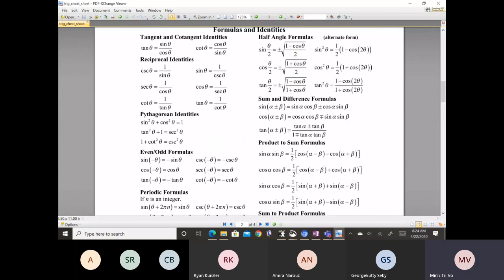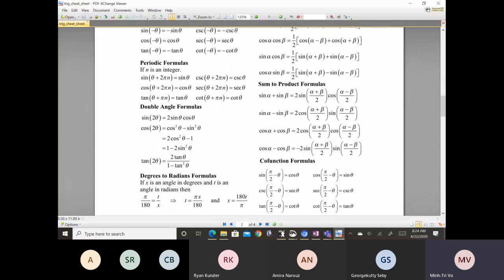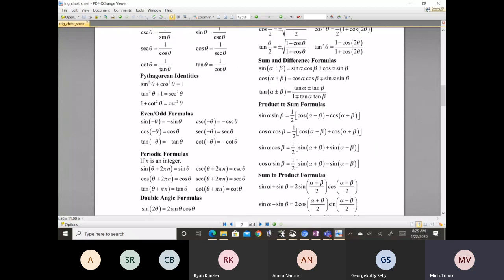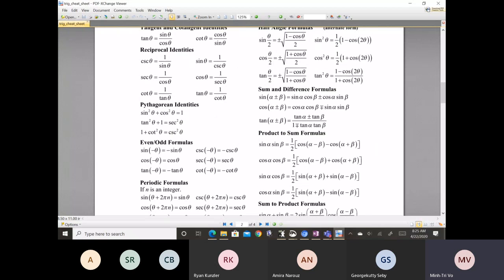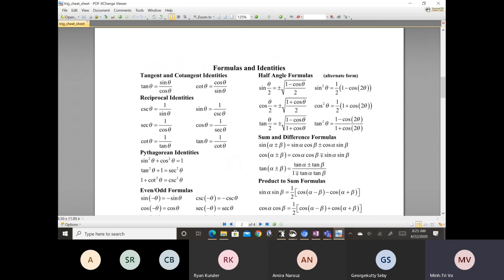The half angle formula is here. Probably we don't do the sum to product formulas. Okay, and then 9.5 is on solving equations, but again, mostly using the identities here. Today we're going to focus on these particular identities here.